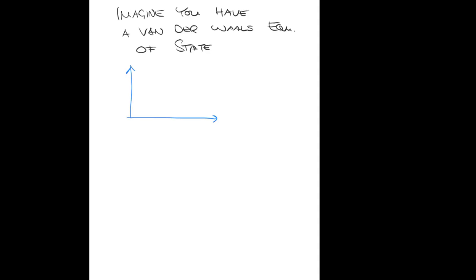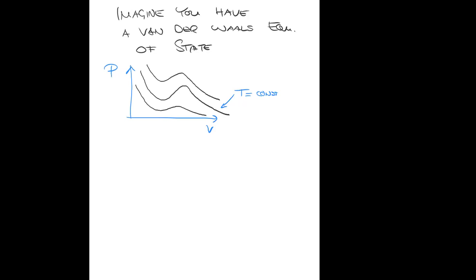You have this funny equation of state, which looks like so. On this plot, this axis is pressure, this axis is volume, and this curve is at some constant temperature. If you had a different constant temperature, you would have some other curve. If the temperature is higher, then of course the pressure is a little bit bigger, and if the temperature is lower, then it looks like this.